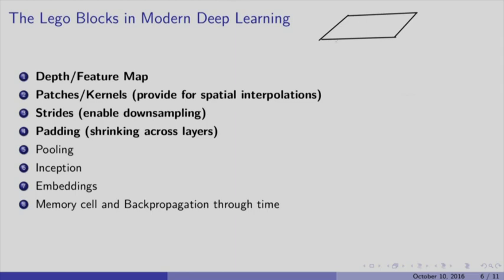So imagine that you have an input image. For every pixel, we would store the red, green and blue values. We could represent these three using three layers in the image.